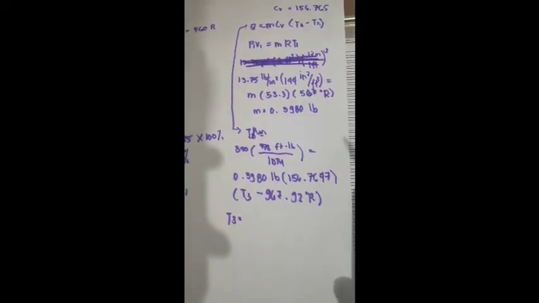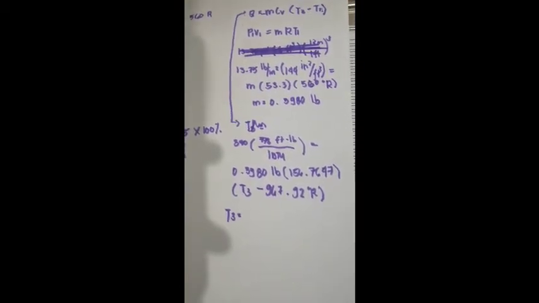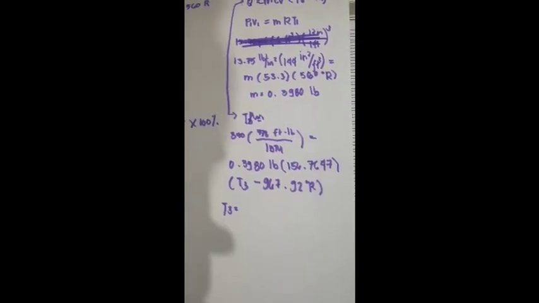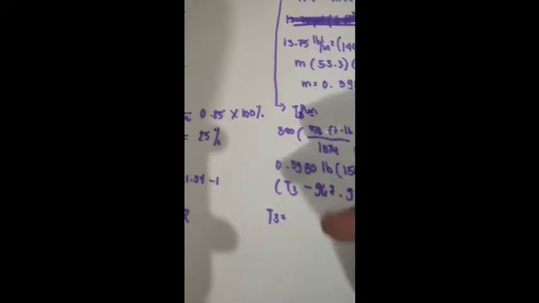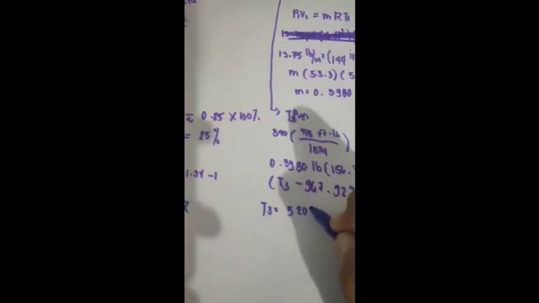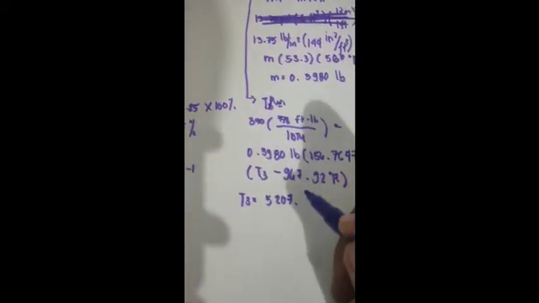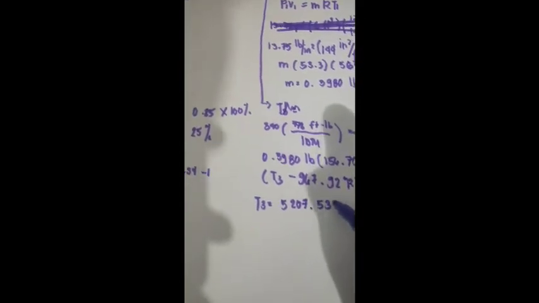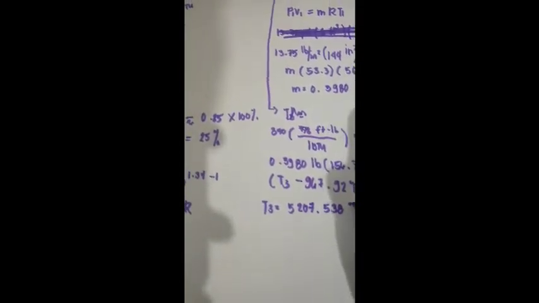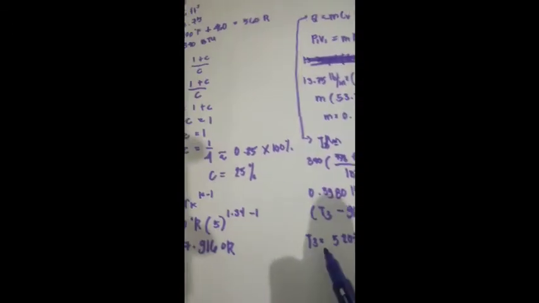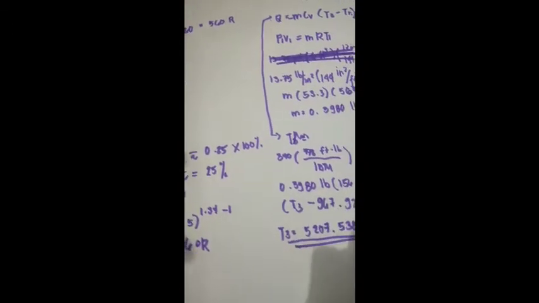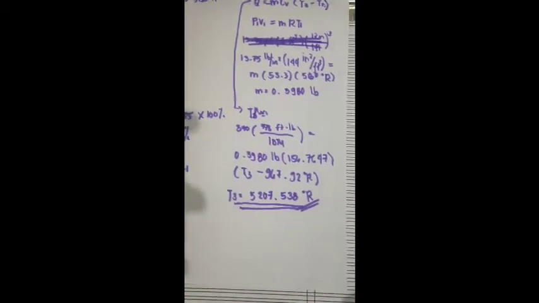So you will get a temperature T3 equal to 5,207.538 degrees Rankine. So this is the temperature before the expansion.